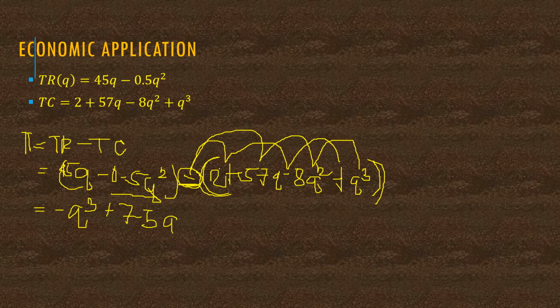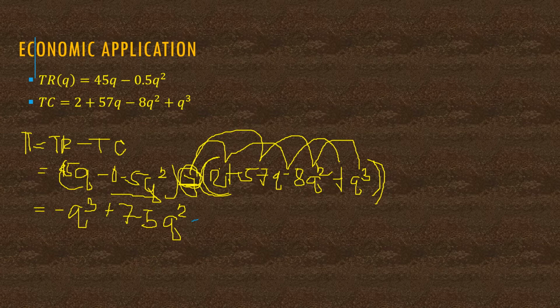7.5 Q squared. Okay, next is the Q. This one here becomes negative. From the negative, if you are going to distribute it, it will become negative. So, therefore, that is negative 57Q. The other one is positive. So, the 57 plus the 45Q is considered to be 12Q.